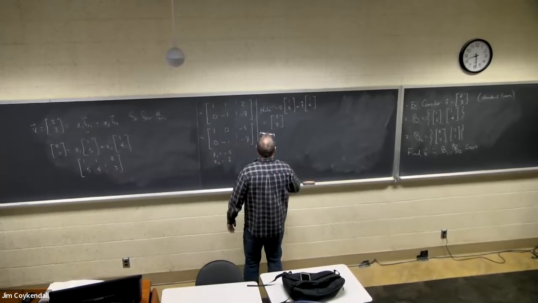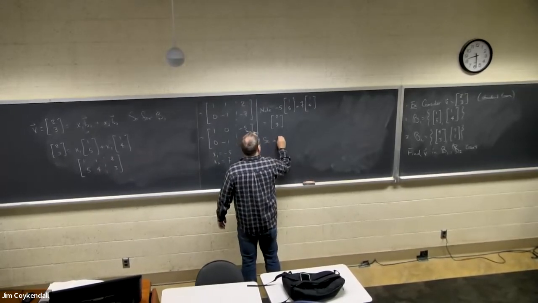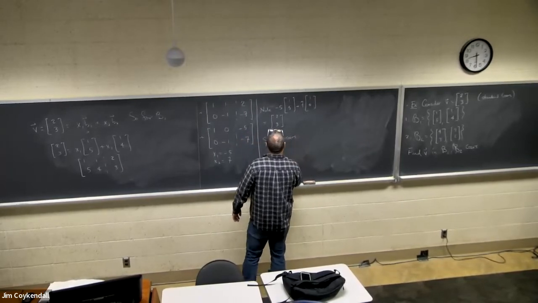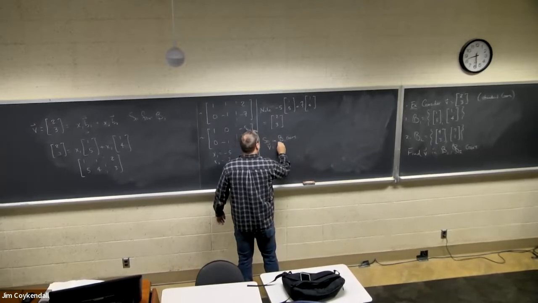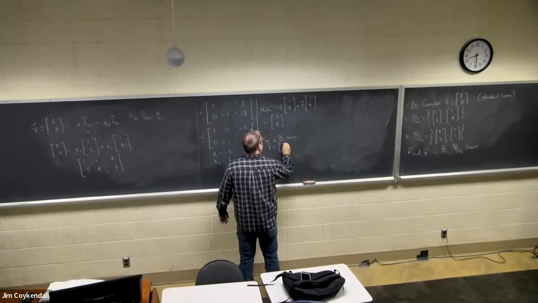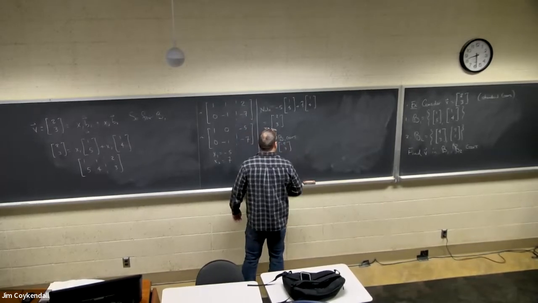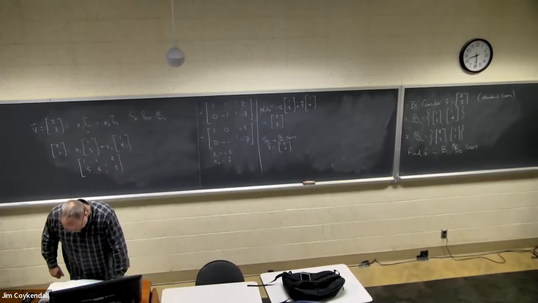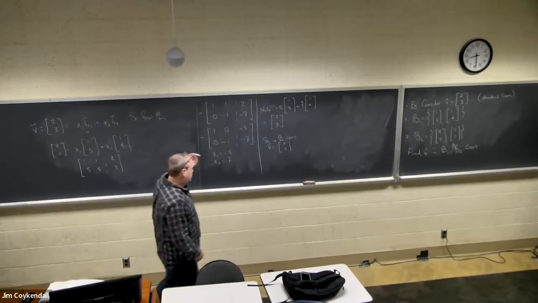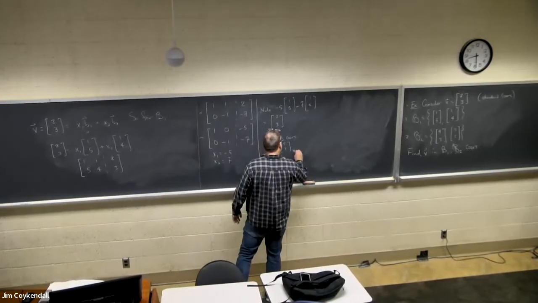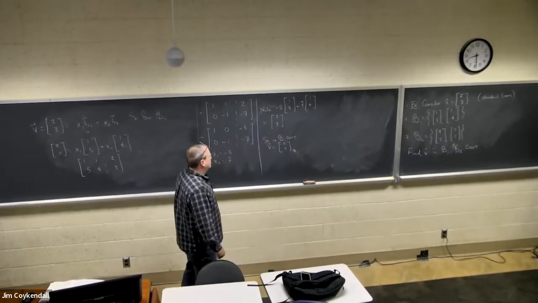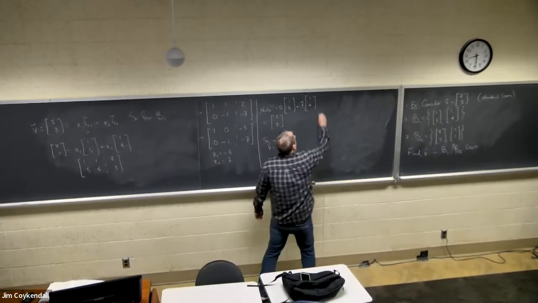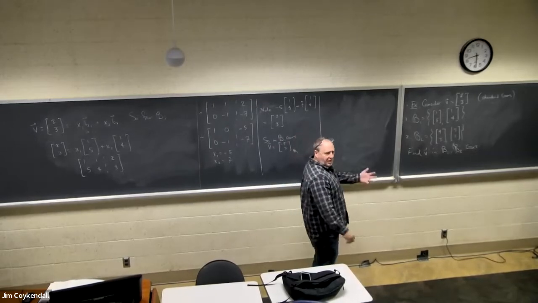So if I write V in B1 coordinates, V is equal to (-5, 7). The B2 case is essentially the same.